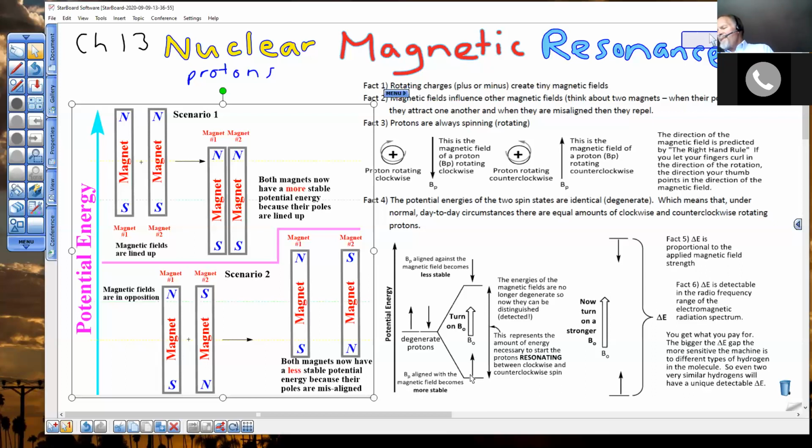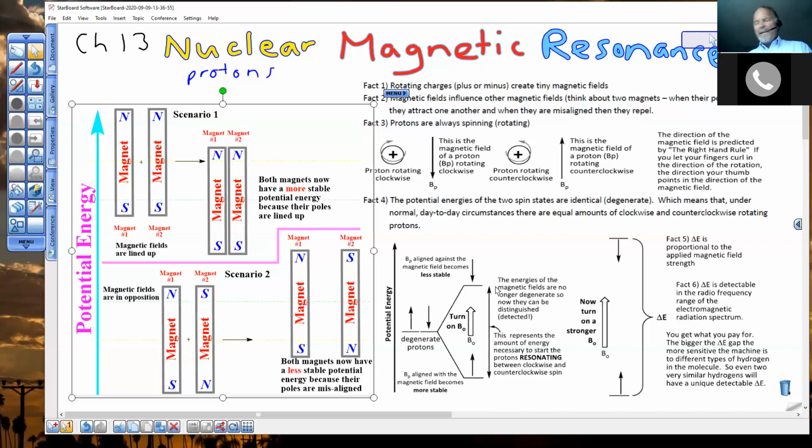Now, sometimes the difference in energies are very similar between hydrogens in a molecule that are only slightly different. We'll talk about what makes hydrogens different than each other in a molecule later. So if we only have a very small difference here and then another pair of spins in a different type of hydrogen are only a millimeter above here, you're going to have trouble deciding which is which.